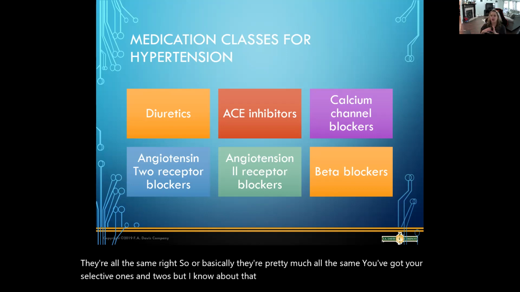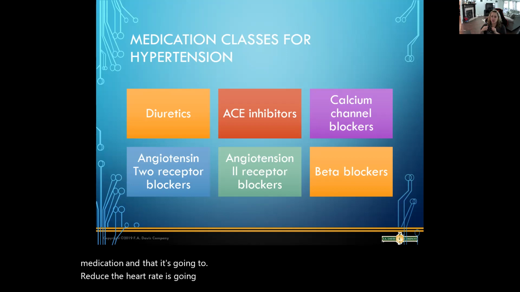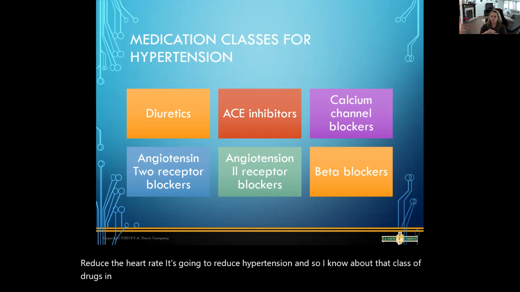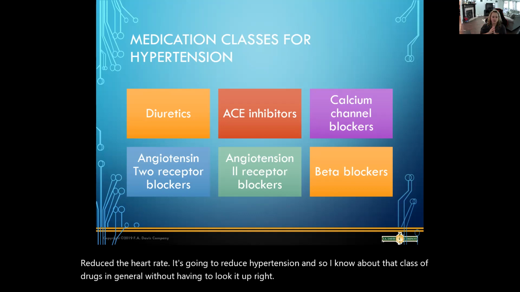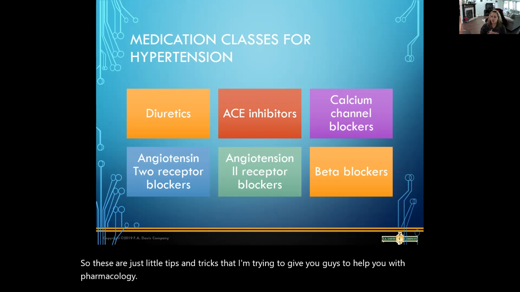So I know that this is an antihypertensive medication, and that it's going to reduce the heart rate, it's going to reduce hypertension. And so I know about that class of drugs in general, without having to look it up, right? So these are just little tips and tricks that I'm trying to give you guys to help you with pharmacology. So that's beta blockers, okay?